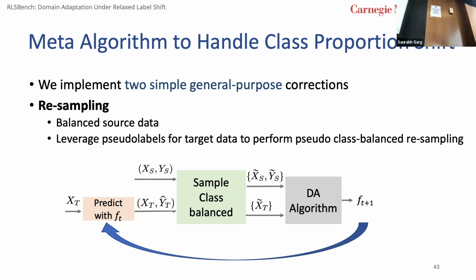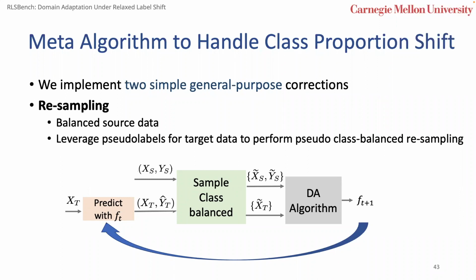So basically, we balance out the class proportions to have uniform class balances. This resampled data should have close to a uniform label prior on either the pseudo labels or true labels, in the case of target and source data sets respectively.